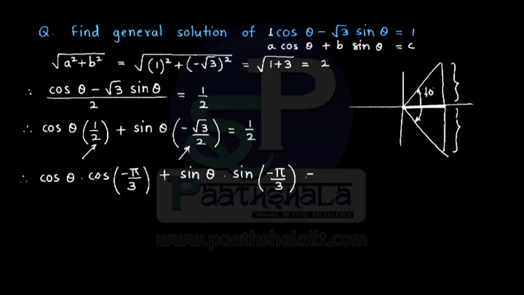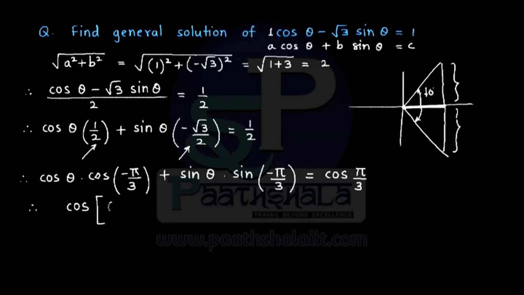On the right side, if you recollect, this term we have to write as cos of some angle, cos of the smallest known angle. So therefore here we can write that as cos of 60 degrees, so that we can write as cos of pi by 3, right? So therefore left hand side is the expansion for cos of first angle minus second angle.